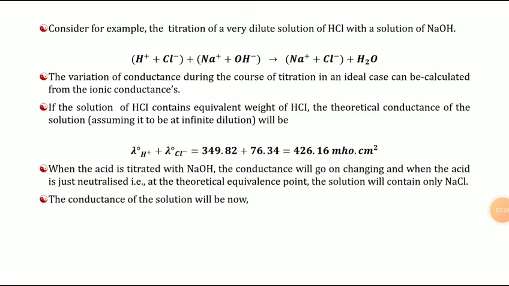The conductance of the solution will be lambda naught Na+ plus lambda naught Cl-, that is 50.11 plus 76.34, which gives 126.45 mho cm². These are the conductances of the solutions with separate ions.